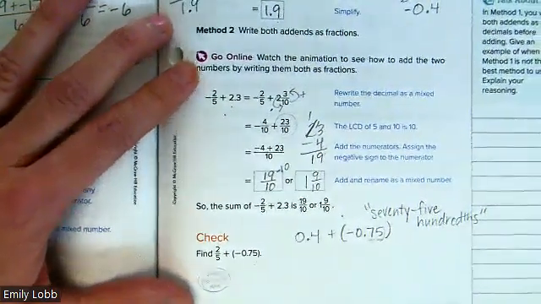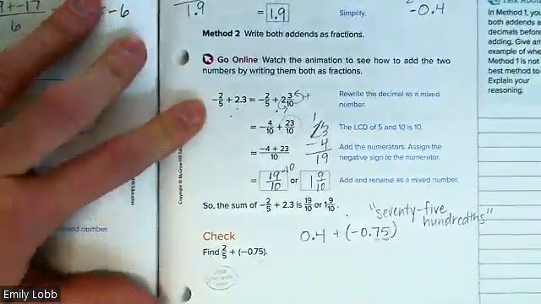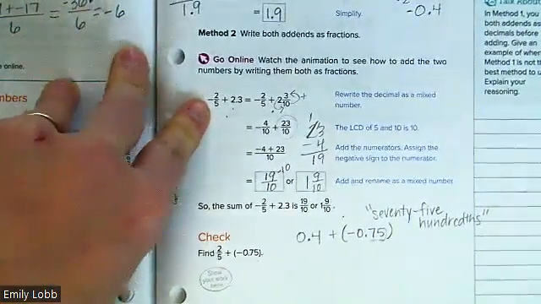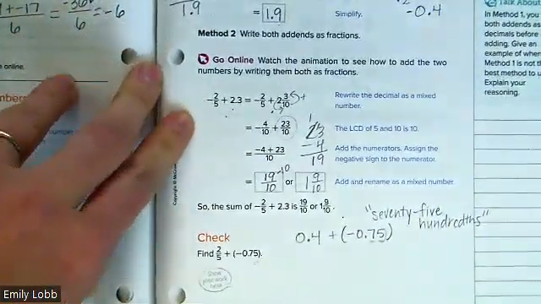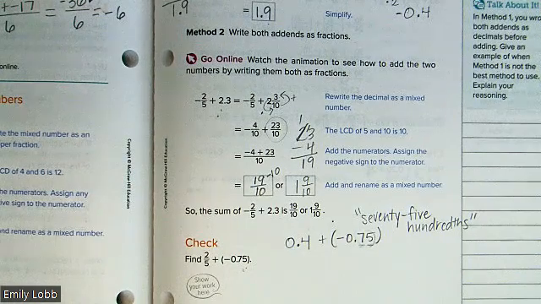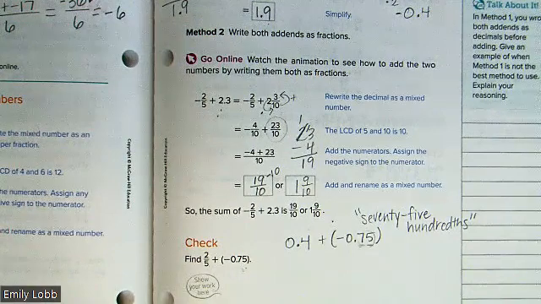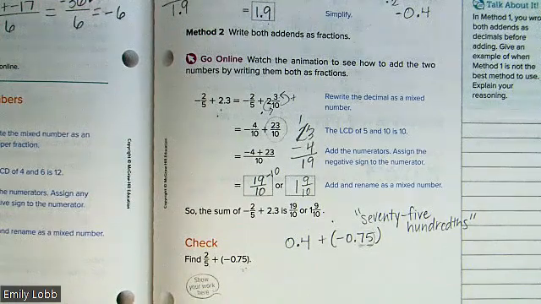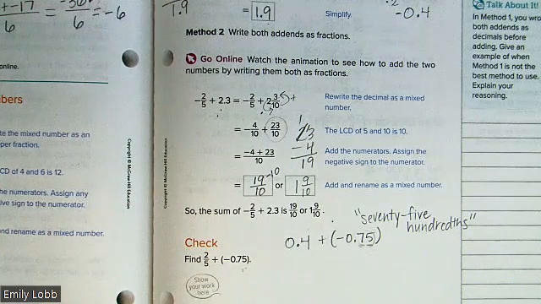Hopefully you guys did a lot of back and forth between fractions and decimals last year, but if you didn't, you may need to go back and review. Remember in Google Classroom, under the classwork tab and under important information, there's a link to my YouTube channel. There are some really great videos under the 6th grade playlists if you're struggling with fractions and decimals and those sort of things, okay?